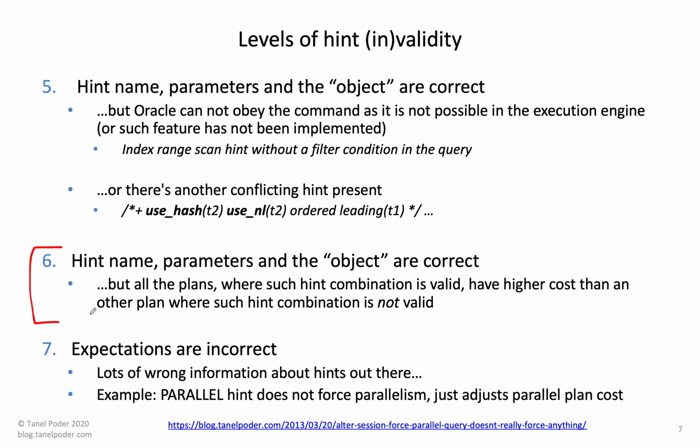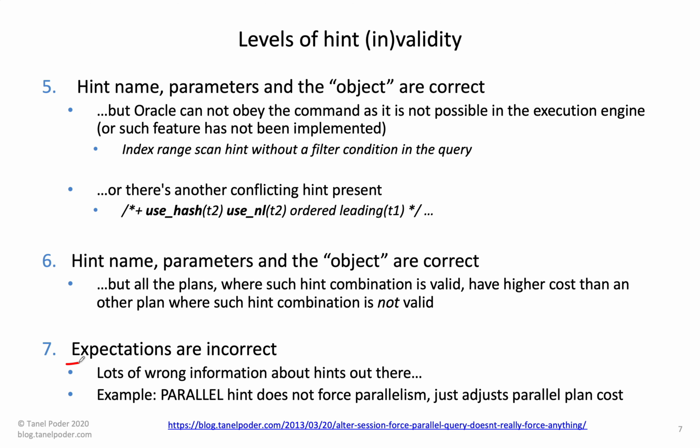And it finds a differently transformed query block shape which has a lower cost, but in this lower cost transformed query, your hint combination is not valid. In other transformed versions of your query, your hint combination is valid, but a transformed version has a lower cost. So I'll get back to that. This will go deep, but I just want to sweep through this first.